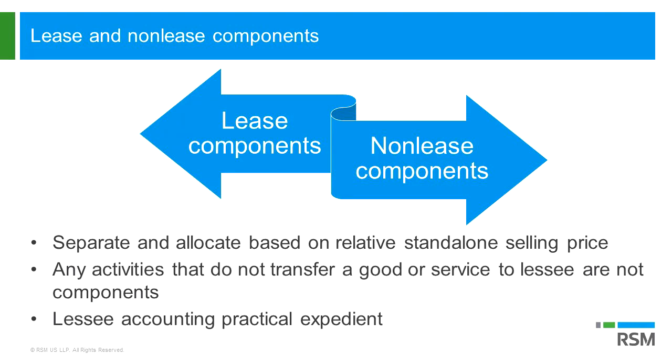Under the latter approach, the consideration allocated to non-lease components is not accounted for under the new lease guidance, and as such is not considered when measuring the lease liability and right of use asset.